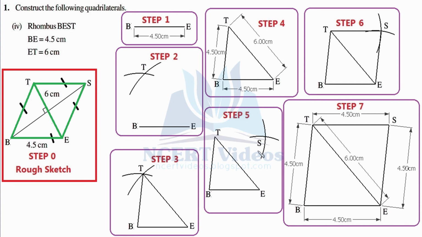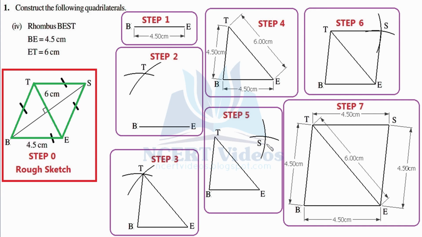Again, we need not readjust our compasses because we have to consider 4.5 cm again and put our needle at E, and we shall construct this arc. So wherever these both arcs intersect each other, that will be our point S. That is this point. Here we must tell you that in each step you must pause the tutorial and try to construct on your own and then resume the tutorial for the next step.